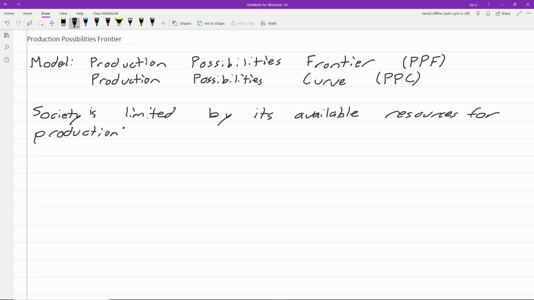And in economics, typically the resources that are required for production, we categorize into a few different categories. There are lots of different things that we might need in order to produce a good or service. So for example, if we were working at a coffee shop, to produce a cup of coffee there would be lots of different things that we would need.